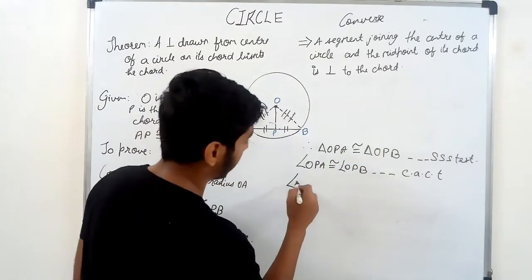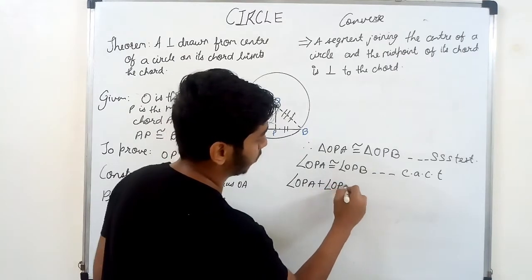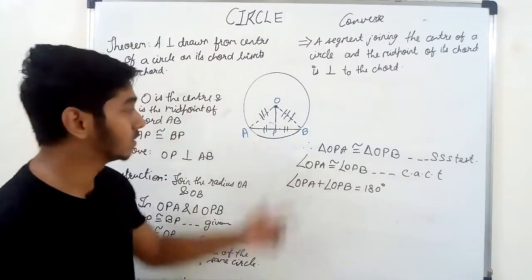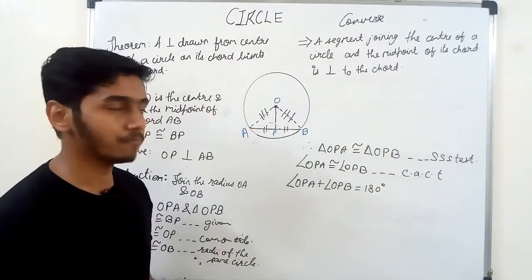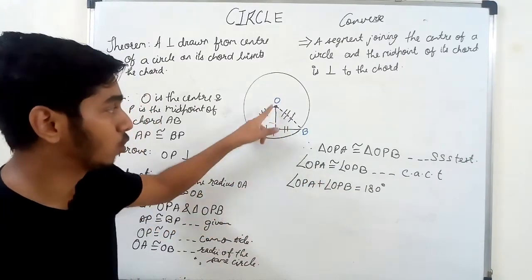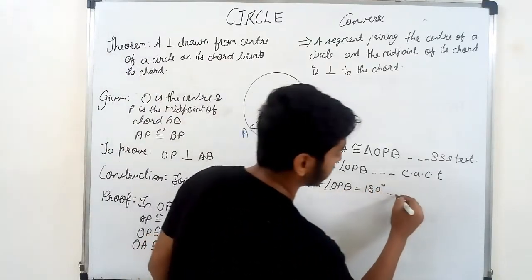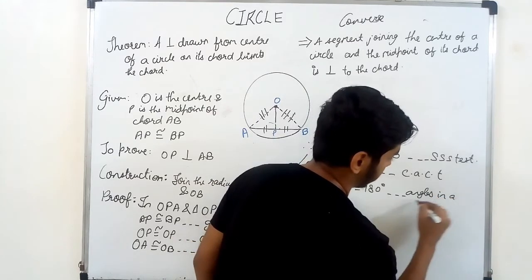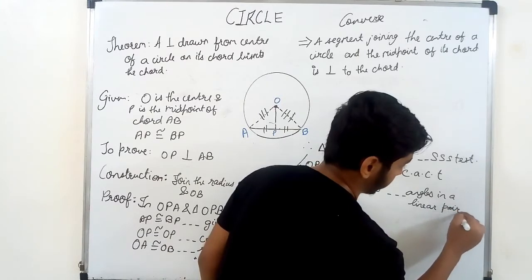Now if you see, can we say angle OPA plus angle OPB equal to 180 degree? Why is this so? Why am I doing this? Because these two angles OPA and OPB are forming a linear pair. So we write the reason: angles in a linear pair.